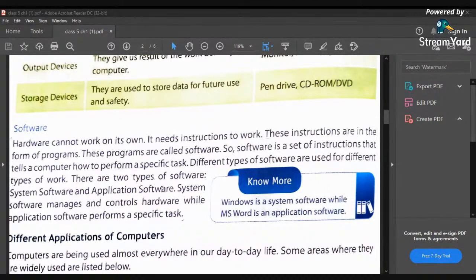You know that there are two types of software: application software and system software.